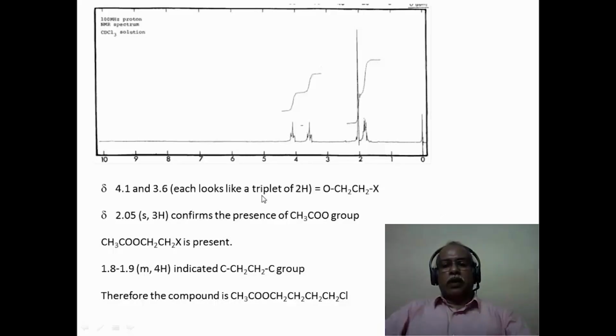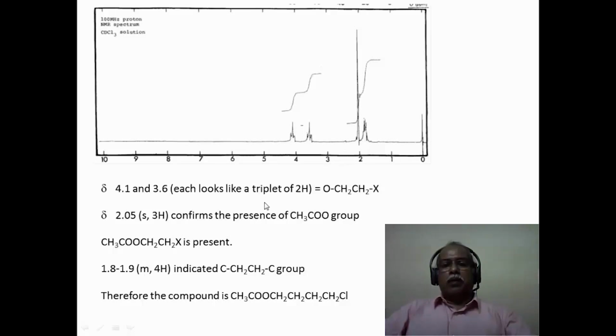The acetate group, which we identified in the mass spectrum as well as in the infrared spectrum, is confirmed here. The sharp singlet of 3 hydrogen intensity could be a CH3COO group. So the presence of CH3COOCH2CH2X is confirmed by the NMR spectrum.